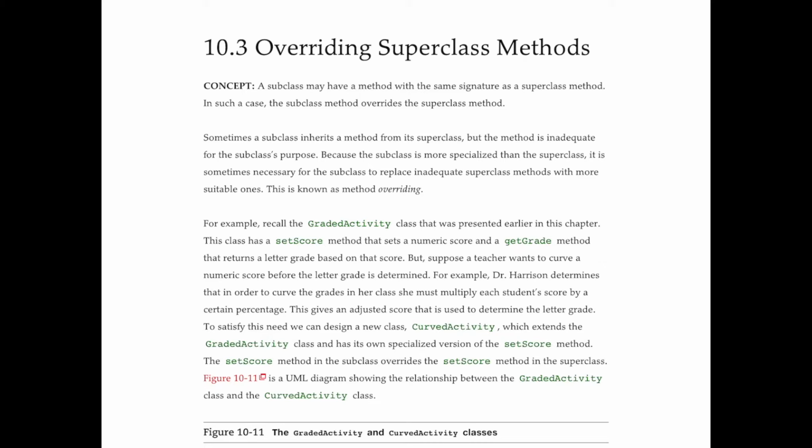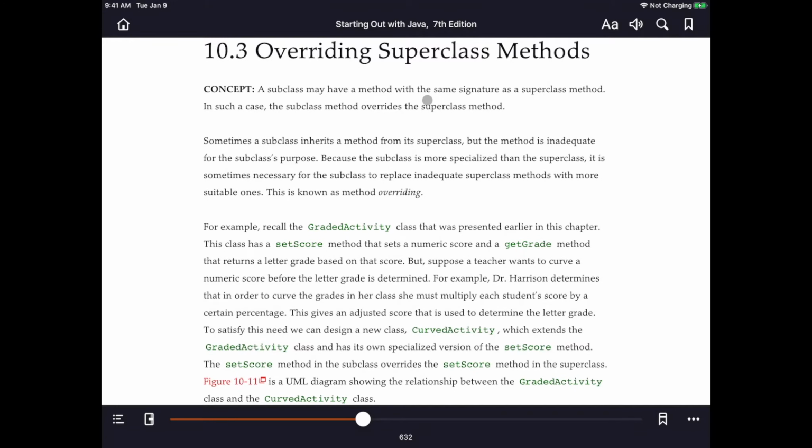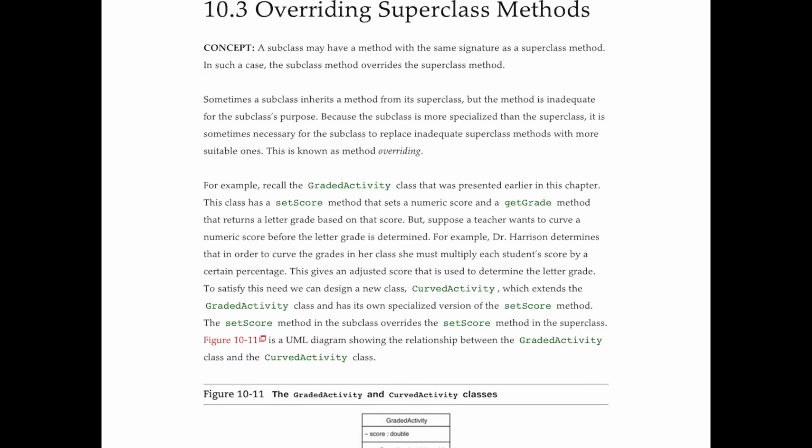As we move on with Chapter 10 and inheritance, we'll talk here in 10.3 about overriding superclass methods. That you can see here. This is on page 632. And what essentially we're saying is, hey, look, you might get via inheritance a bunch of things you did not want, and you should be able, as the subclass, to decide for yourself what happens there, right?